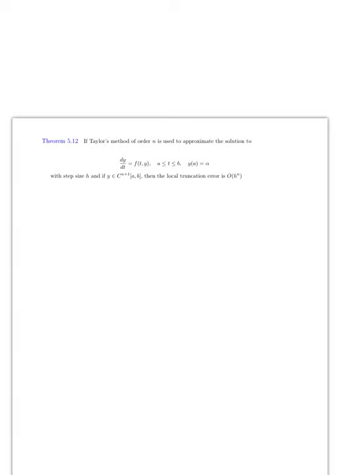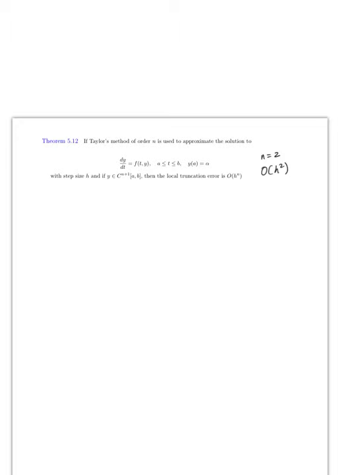If you notice in the last problem, we only used n equals 2. So that's why the order of convergence from the previous problem was O of h squared. If you want very high accuracy, you have to increase the order, but that's going to require many more computations, and even more than that, it's going to require that you have the derivatives, which is not usually the case.